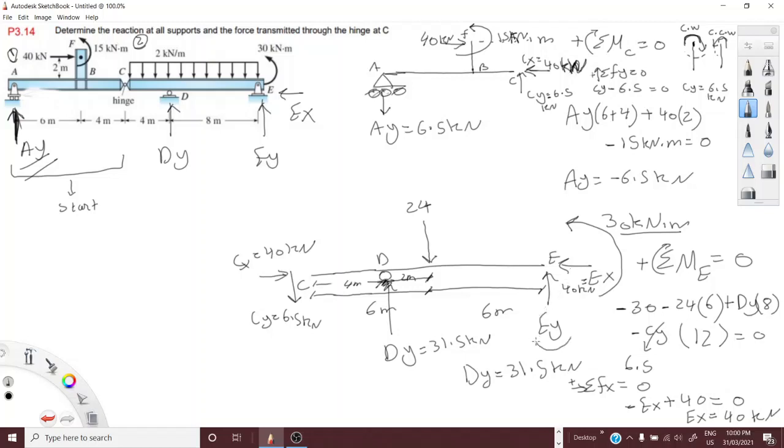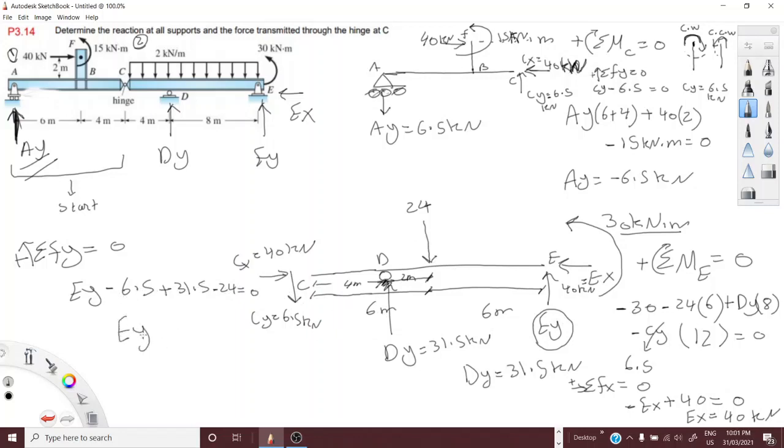So we need to find Ey now. We're left with Ey. We can do the summation of Fy equal to 0, where upward force is positive, so Ey is upward. Minus 6.5 plus 31.5 minus 24 equals 0.